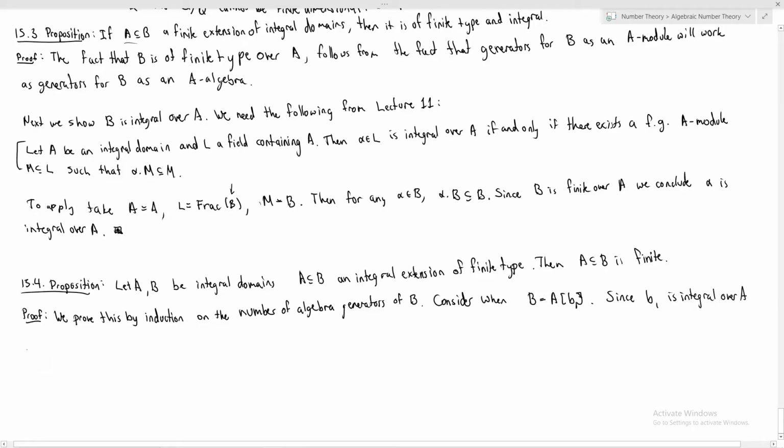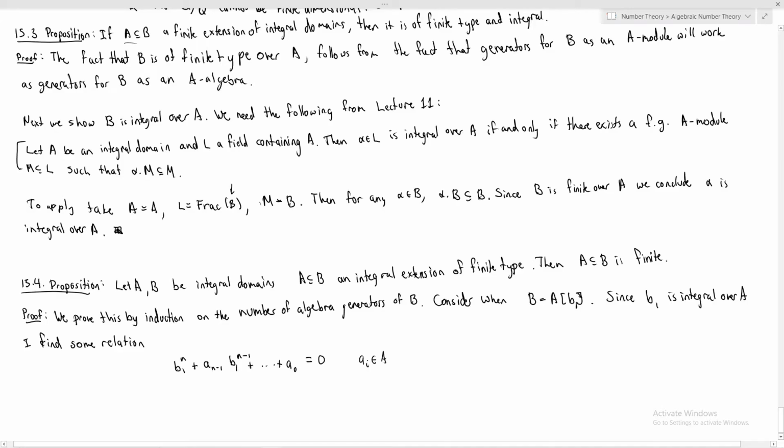I can find some polynomial with coefficients in A that has B1 as a root. Some relation B1 to the n plus A sub n minus 1, B1 to the n minus 1, plus and so on, plus A naught equals 0.